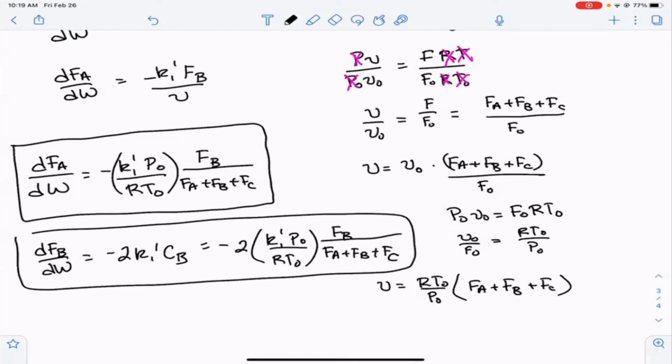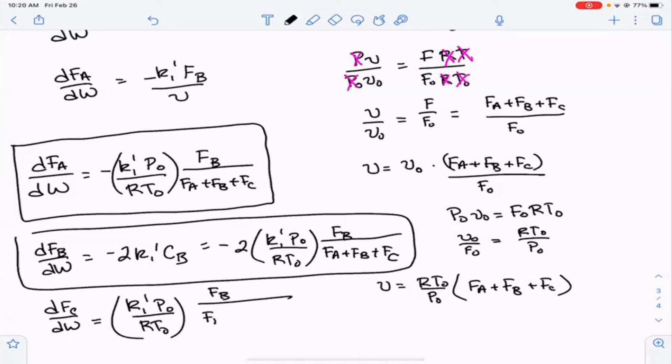And then we do the same thing for C, right? So dFC/dW equals, and if you remember from above, RC prime is just minus RA prime because of their stoichiometry. And this becomes just K1 prime times P0 over RT0 times FB over FA plus FB plus FC. Okay.